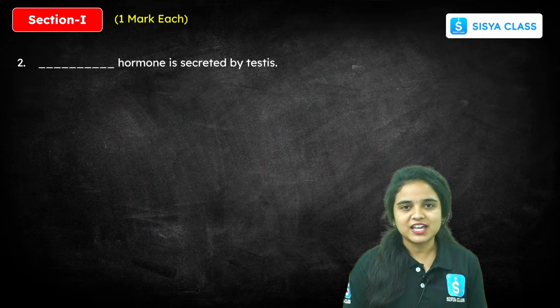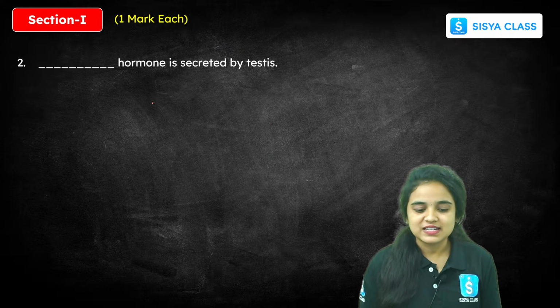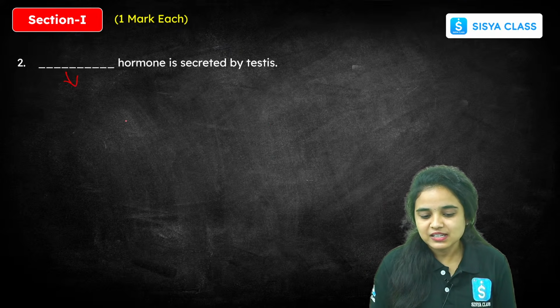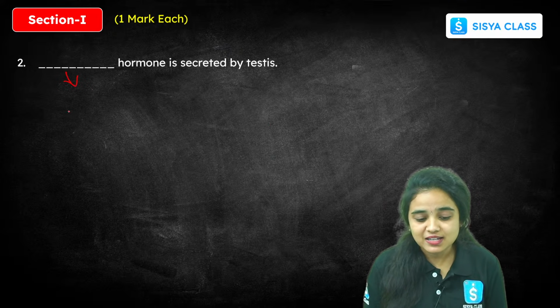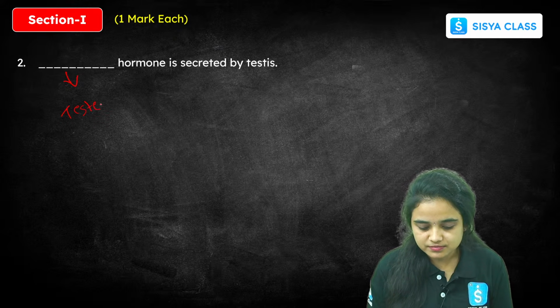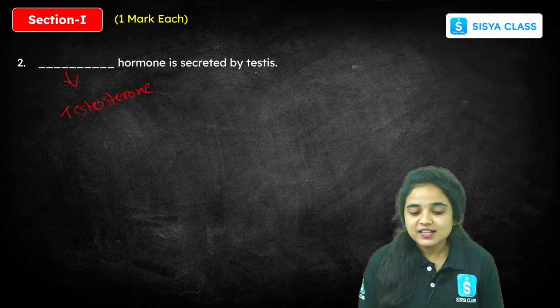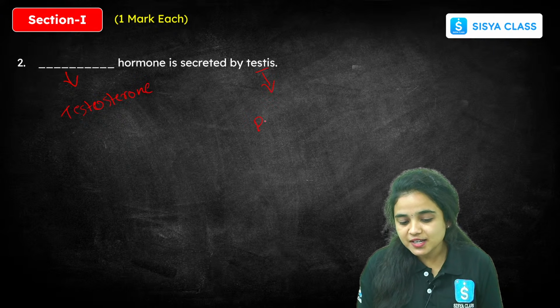While coming to the second one, it is a very simple question, students. The question is: dash hormone is secreted by testes. So the answer is testosterone. Here the testis is the primary male reproductive organ.